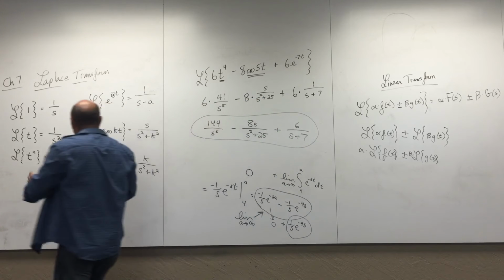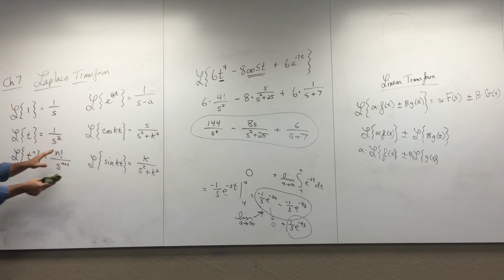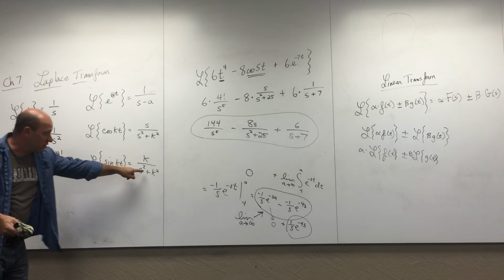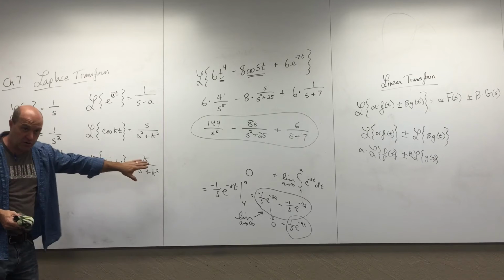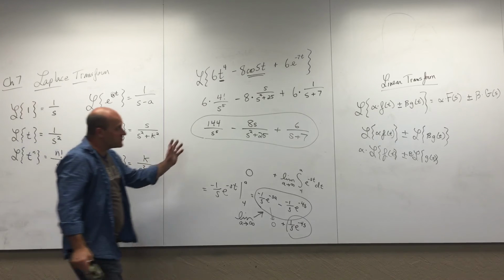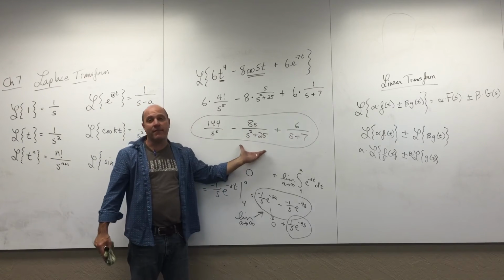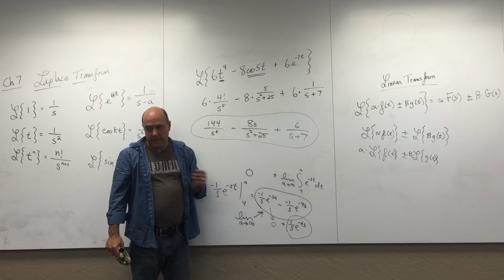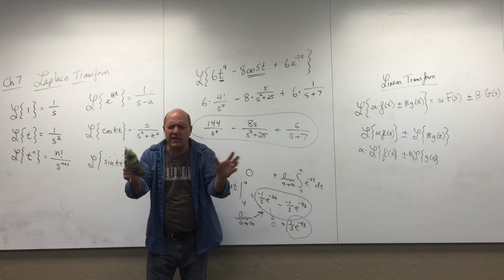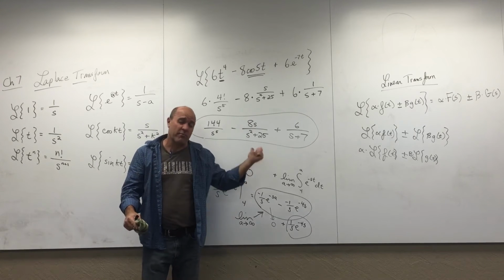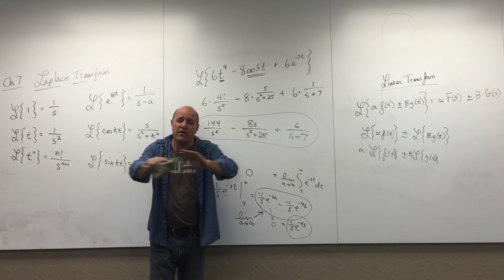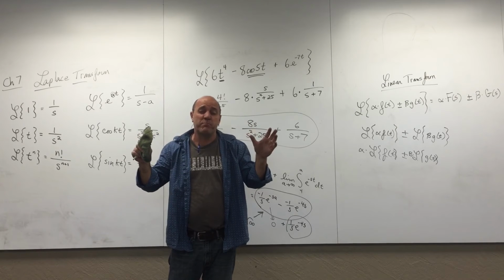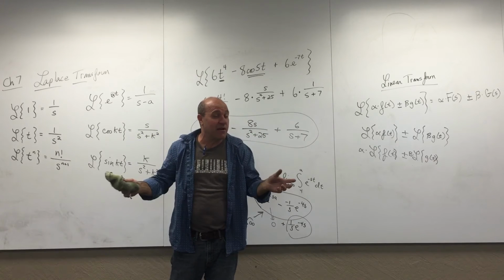We practice doing them forwards, but then we start doing them backwards. We look this up and go backwards. And what if this was all together and had one big common denominator? What do you think you need to do to get back to this? If somebody had put it together with a common denominator, I don't want it. I want it back like this. How do I decompose something with a common denominator?